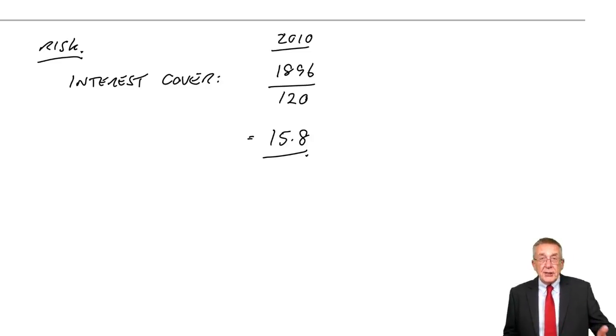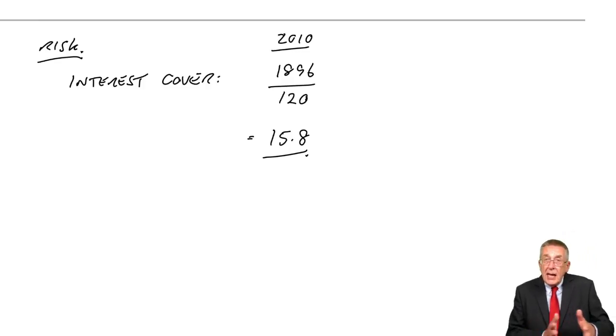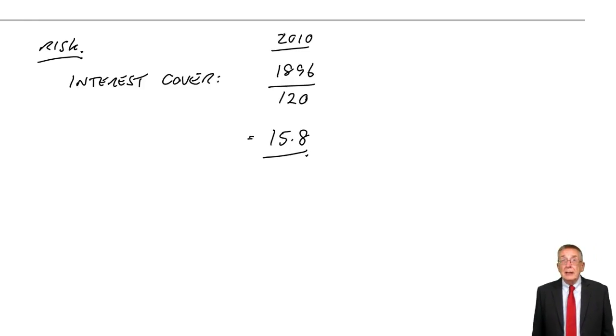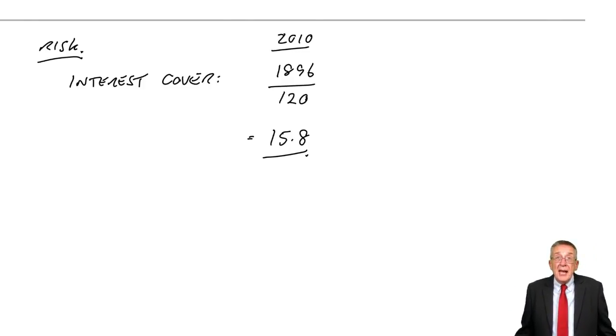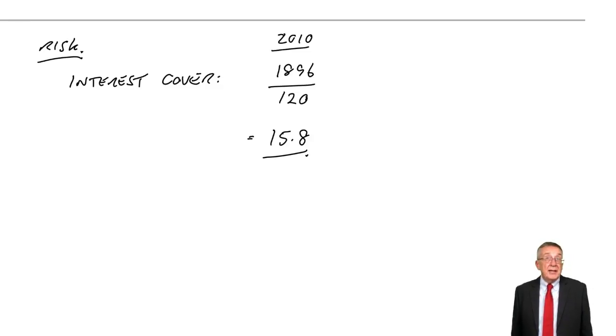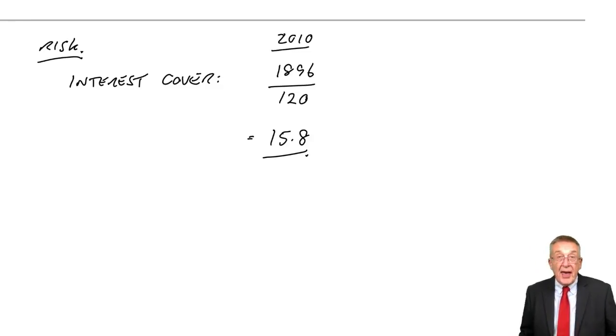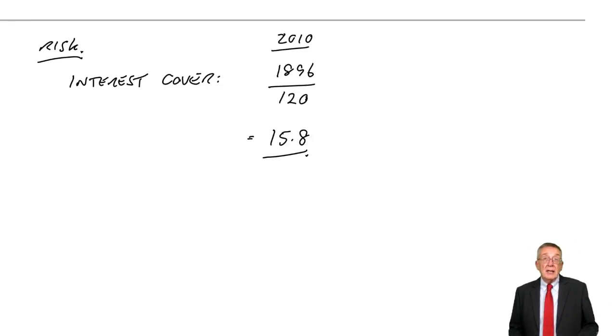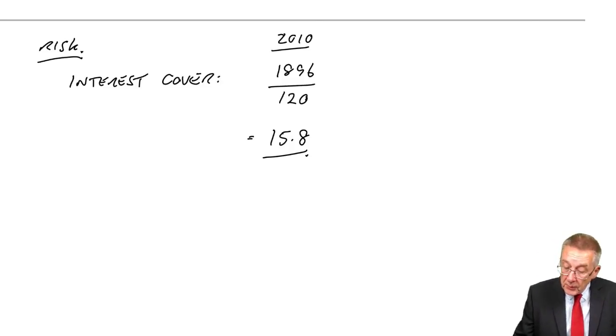It would mean that next year, only a tiny fall in the profit and we couldn't pay the interest, we might have to close down. It'd be much more risky. Here, no problem. Profits may be lower next year, but the chances of them being that much lower are clearly fairly small. What was it the previous year?